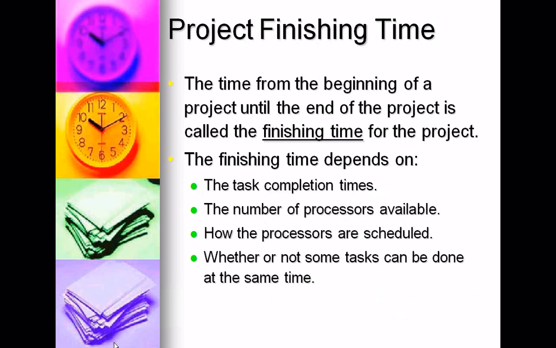So from the beginning of a project to the end of a project is called our finishing time. And it depends on a lot of things: how many people are helping you, in other words, how many processors you have, the completion time of the task, how you schedule those tasks, whether or not some of those tasks can be done at the same time.